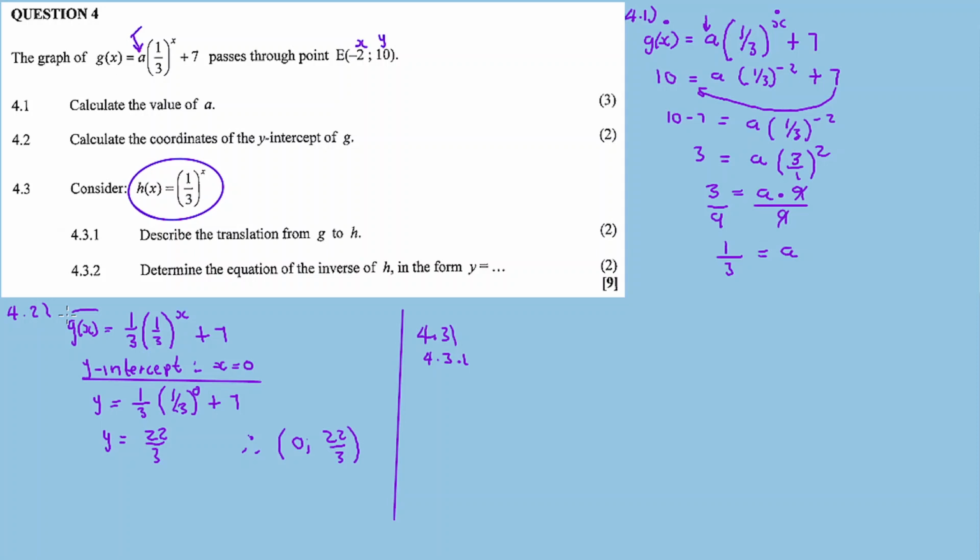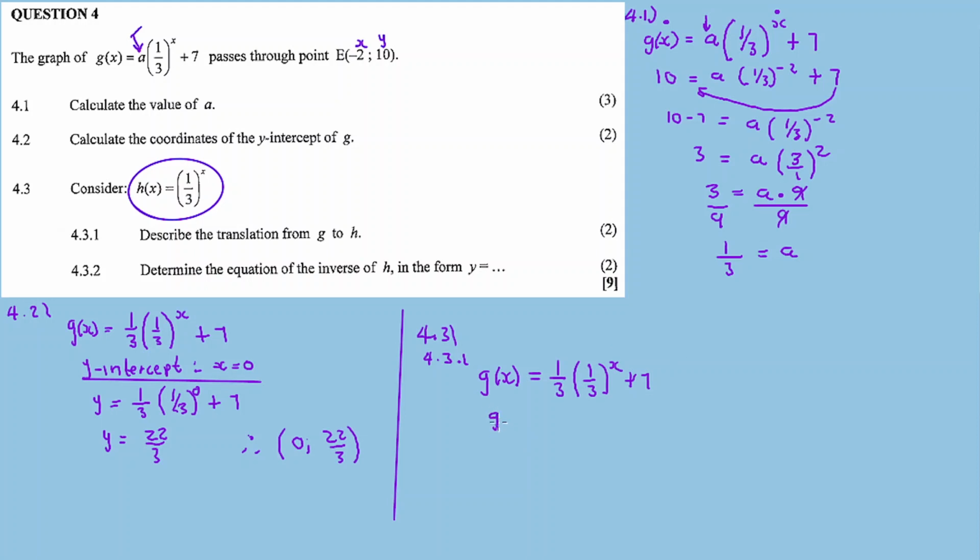In fact, here is my G complete. So I want to describe the translation from G to H. Here G is equal to 1 over 3 x plus 7.